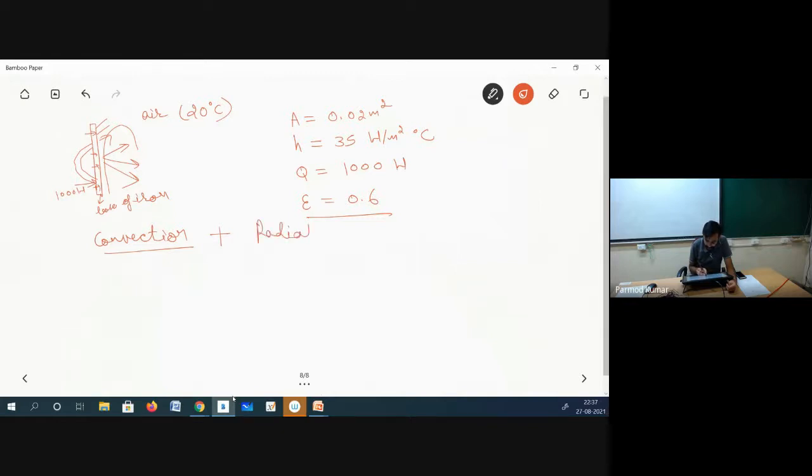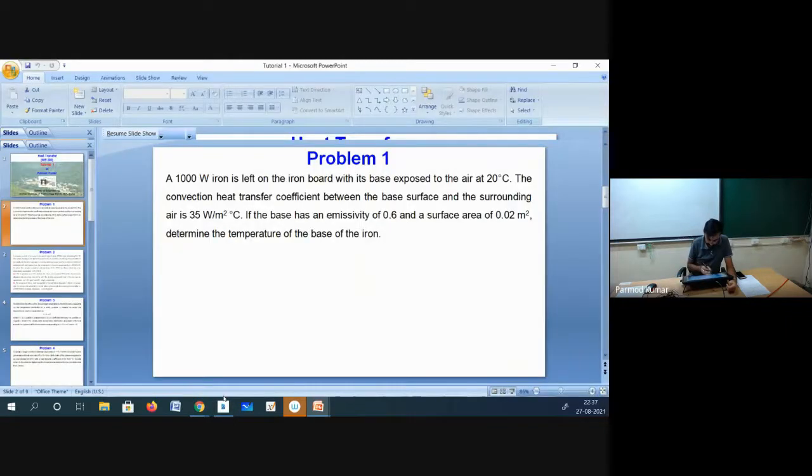Now, can you tell me how much will be the rate of heat transfer due to convection? Any one of you? Let us assume, as asked in the question, that we have to determine the temperature of the base of the iron.